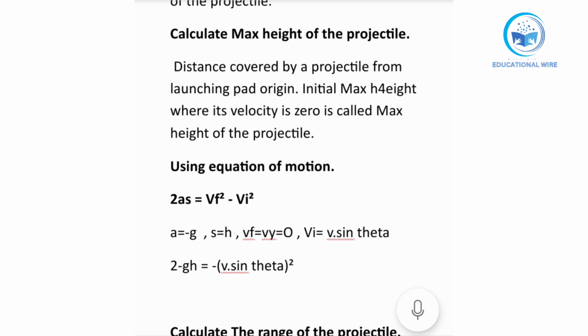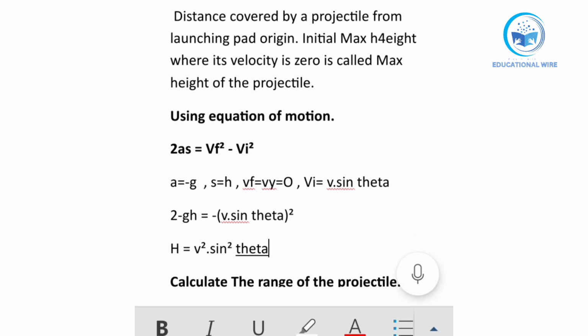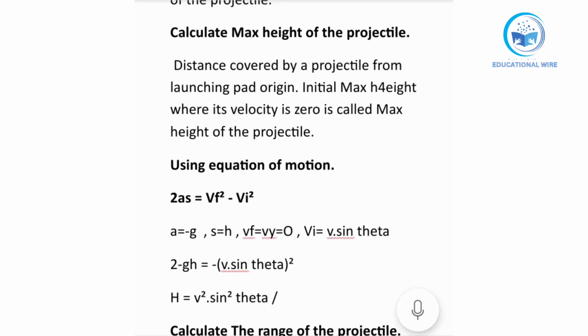But before that, the minus sign will cancel with the minus sign, so we have just positive 2gh = v square sine square theta. Now only h remains, so h is equal to v square sine square theta upon 2g.